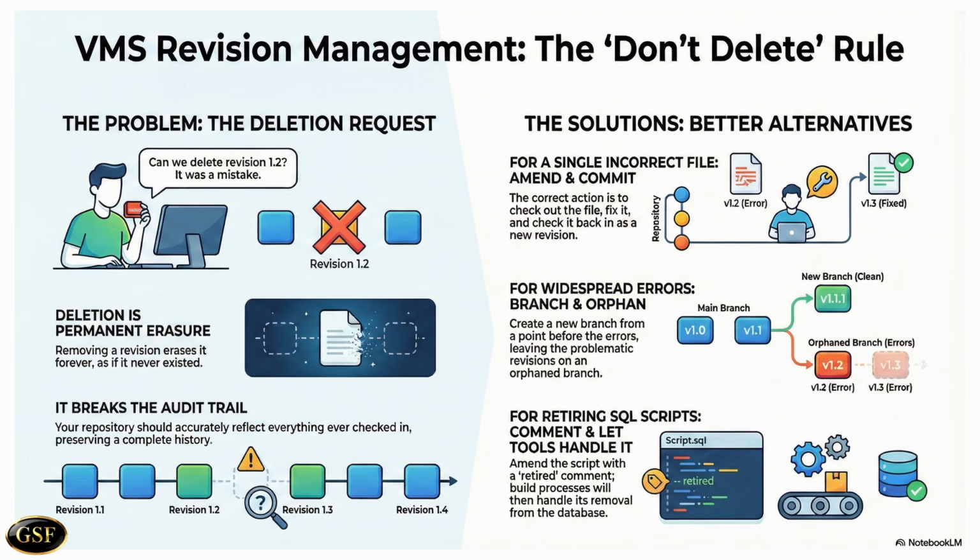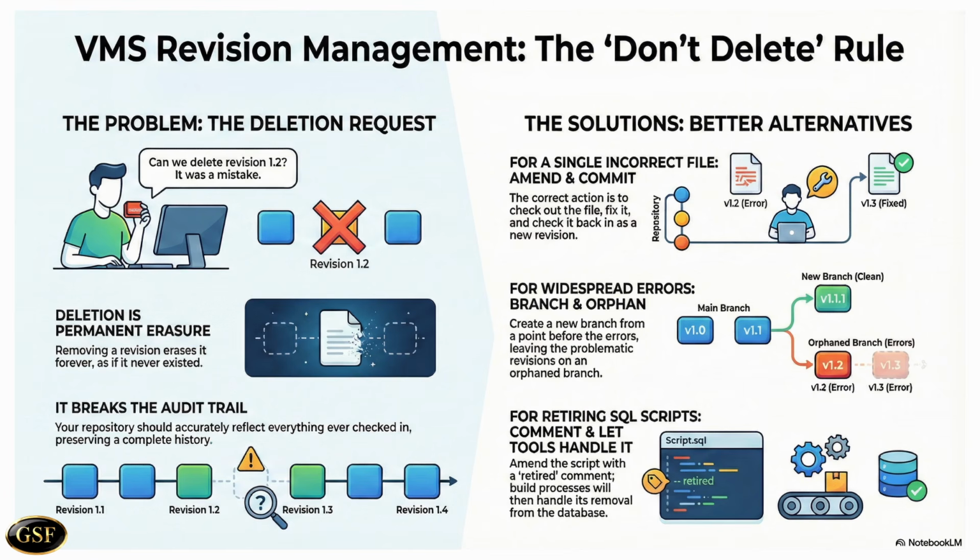If you did remove it, and then the developer came back later to say, sorry, I really meant revision 1.1 and not 1.2, can you restore it? This would cause you additional work trying to recreate that revision. Ideally, nothing should ever be removed or deleted from a VMS repository.